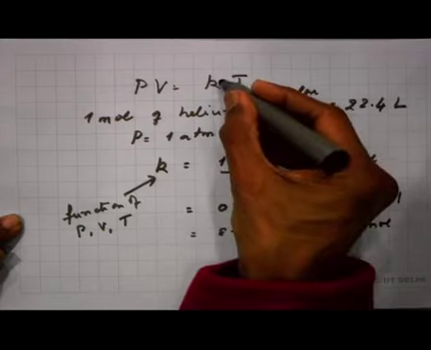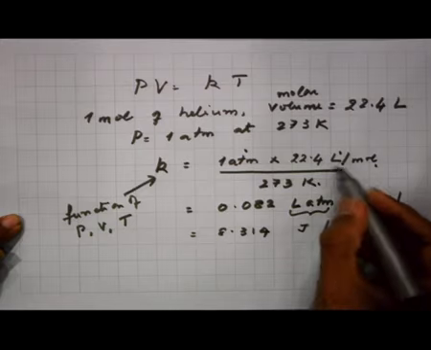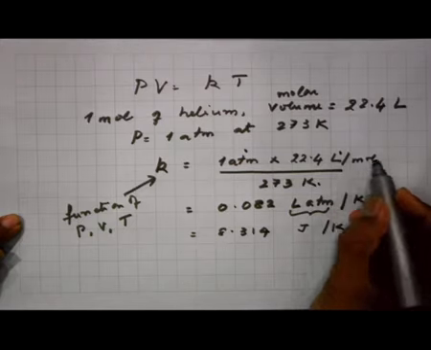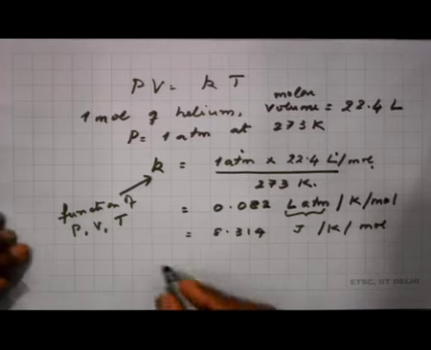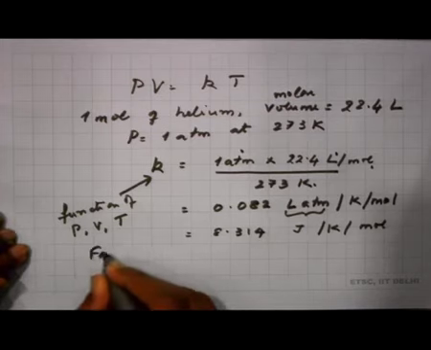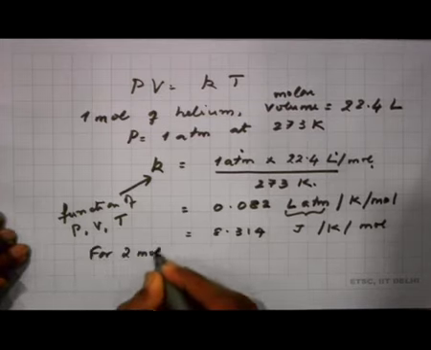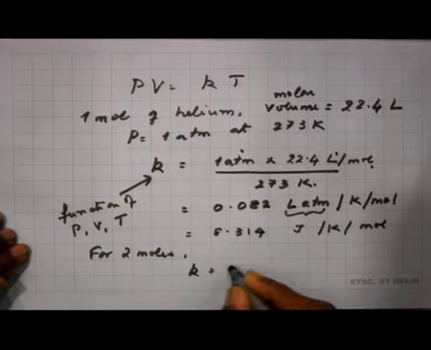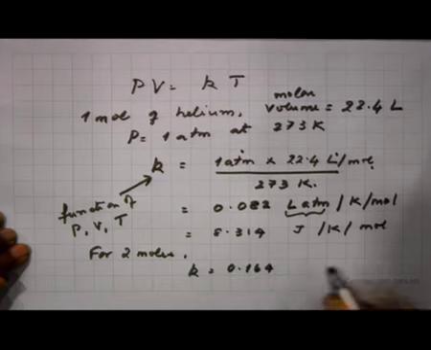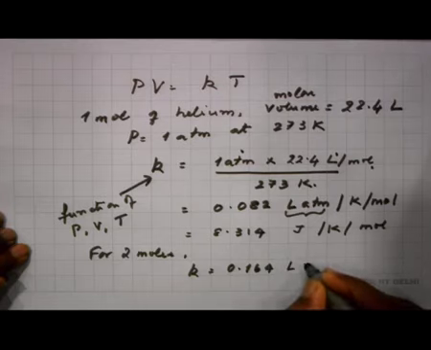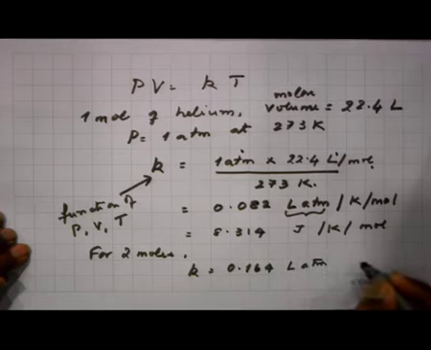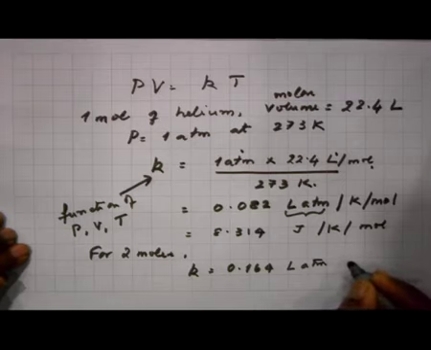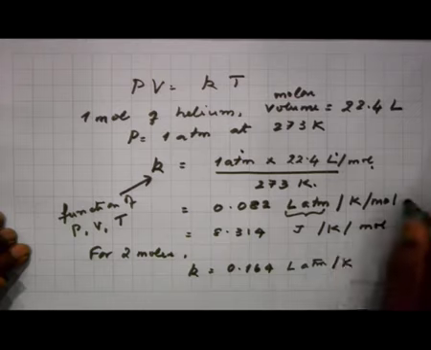Because this thing is per mole, for 2 moles you find that K works out to be 0.164 liter atmospheres per Kelvin, because the per mole goes away with the 2 moles.